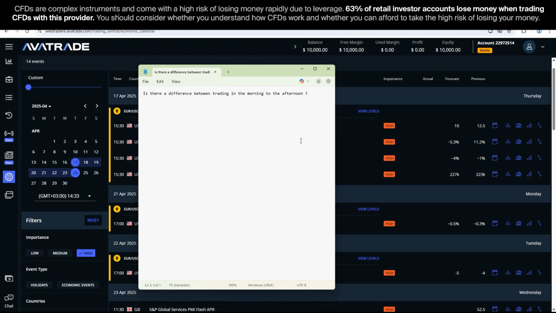And if you're trading stocks, which stocks are you trading? Are you trading US stocks? Then it will have to happen in the afternoon, since the US market opens in the afternoon, and the UK market opens in the morning. All right. Apart from that, I don't think there are lots of differences.